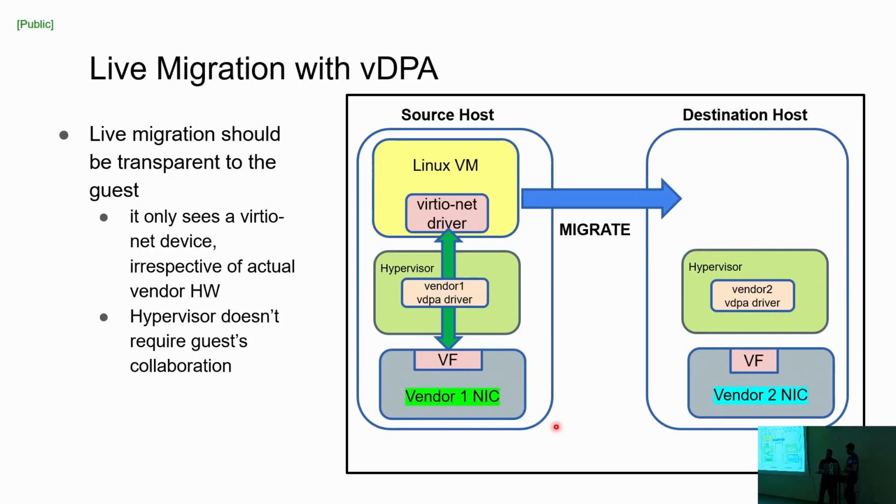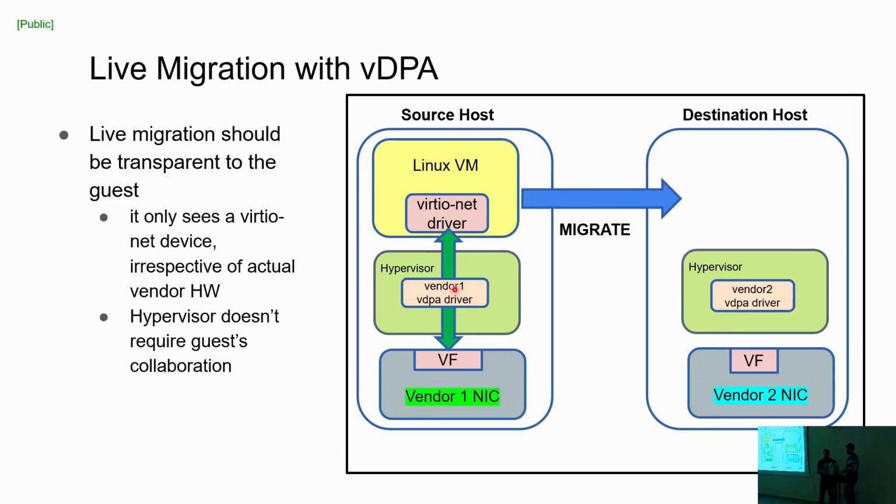Now we see how vDPA comes into play and how it resolves the problem that we earlier noticed with SRIOV. Again, we have a generic virtio-net driver, and I think this was the cause of concern when we tried live migration with SRIOV. So here we have a virtio-net driver. We have a vendor 1 NIC on the source host and a vendor 2 NIC on the destination host.